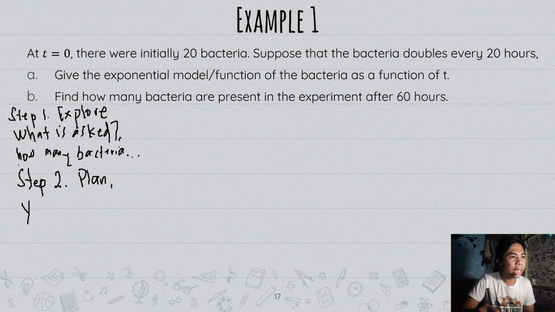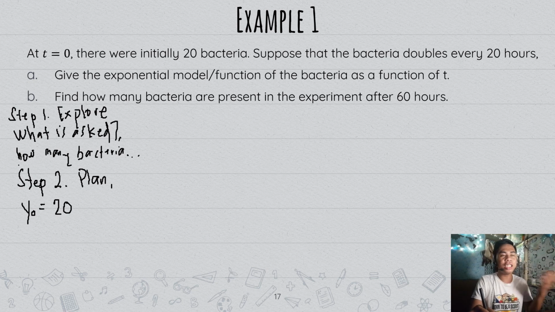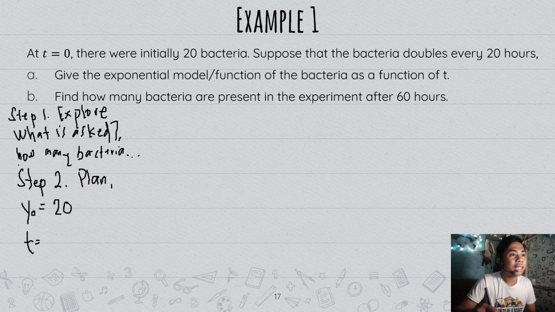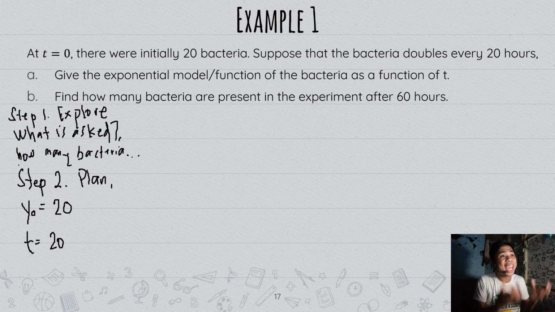So, we have here y sub 0 is equal to 20, right? Because it's the initial population. And then, suppose the bacteria doubles every 20 hours. So our small letter t here is 20 hours.